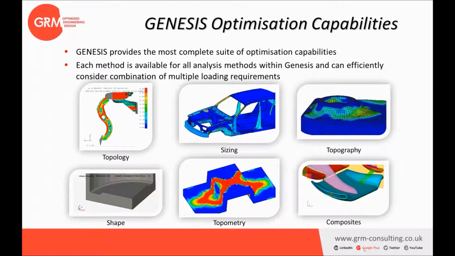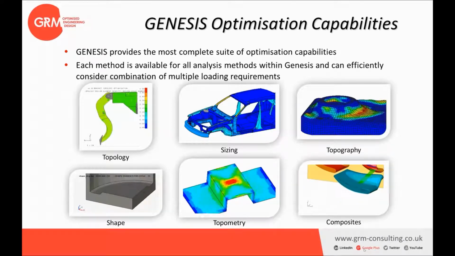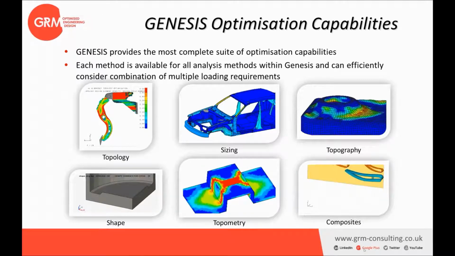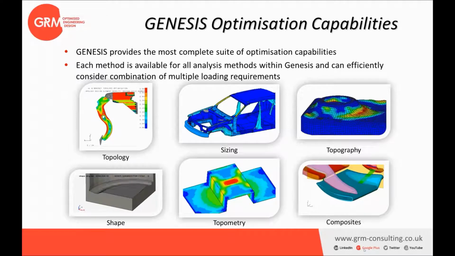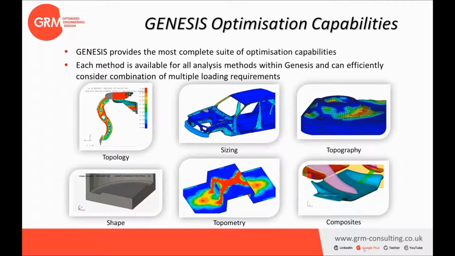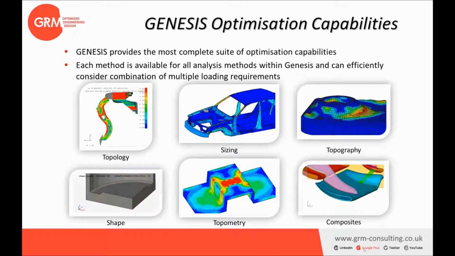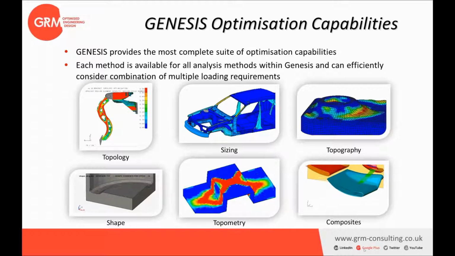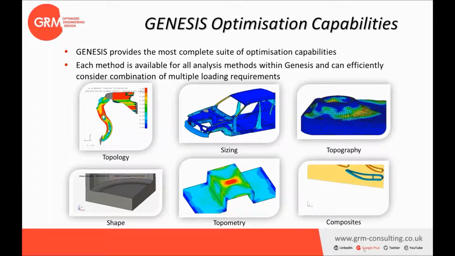Genesis optimization capabilities are very large. You can use different methods. You can also combine these methods. The most common ones are topology optimization, which works on the density of the elements. You also have sizing optimization, which is the panel thickness optimization.